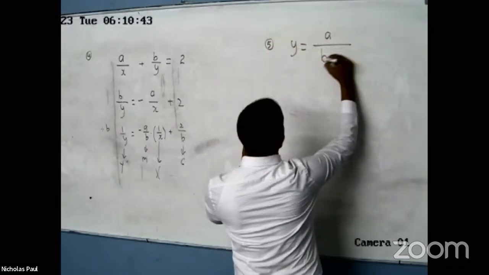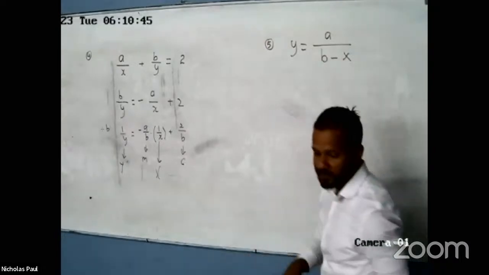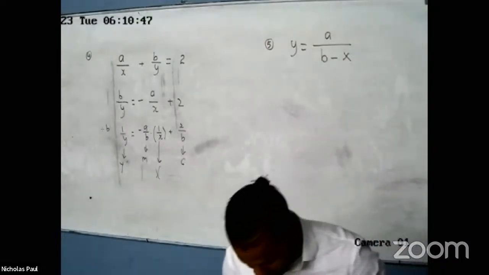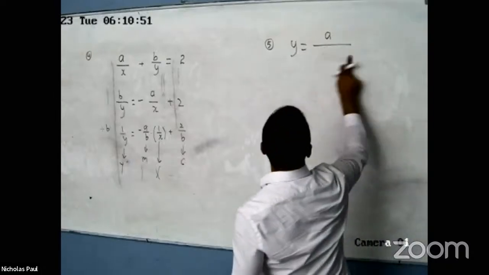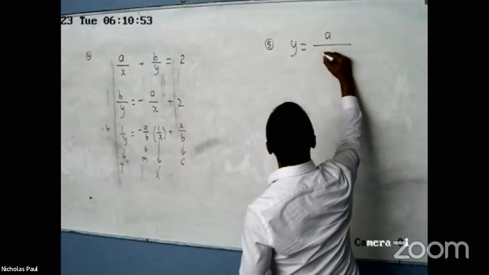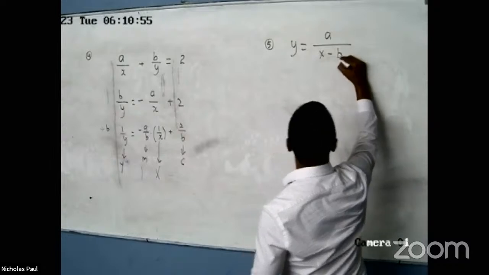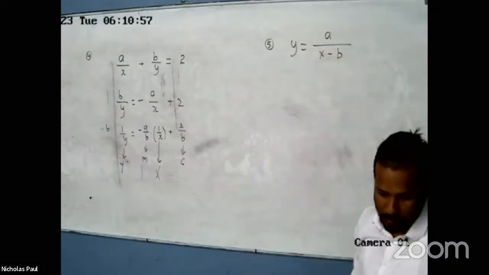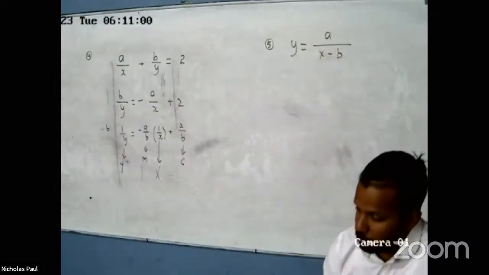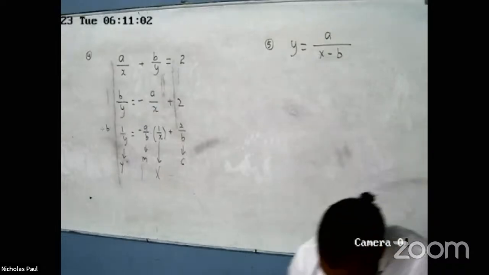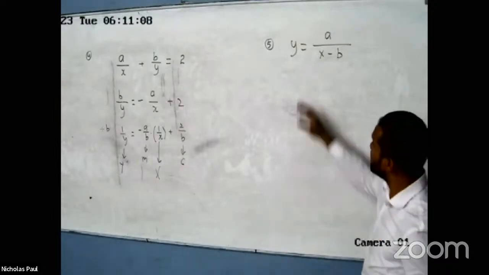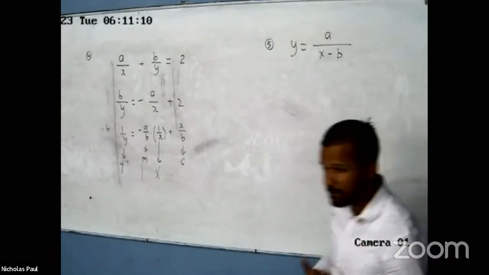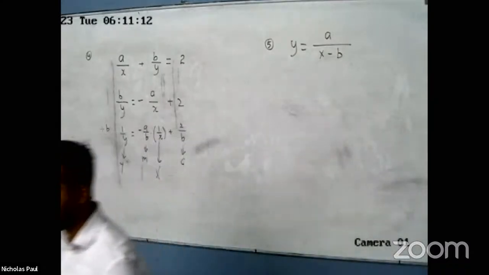Try this next one here: y is equal to a over x minus b. Try this one. So you see, once you start seeing two terms, sometimes the other check and see if blocks could possibly work.